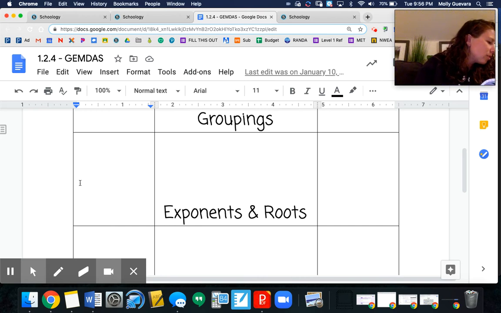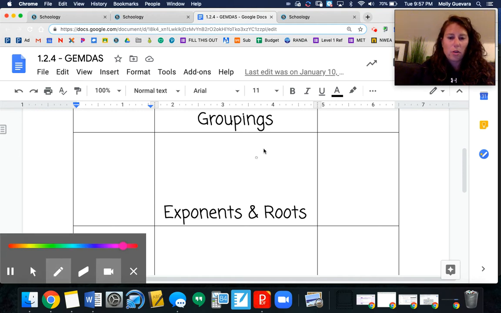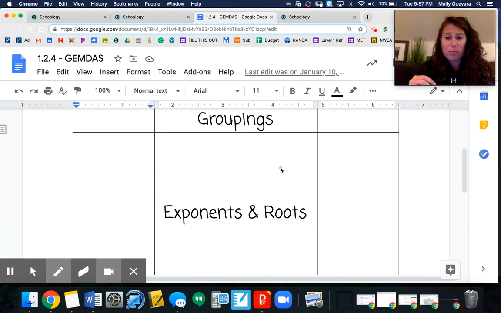And now that goes to exponents and roots. So this kind of overlaps, right? So I could have roots in groupings, or I can have roots down here. So either way, it just depends on the problem. So make sure you're paying really close attention. But if I have an exponent, if I have something being squared, then I would do that next. I would square it, okay?